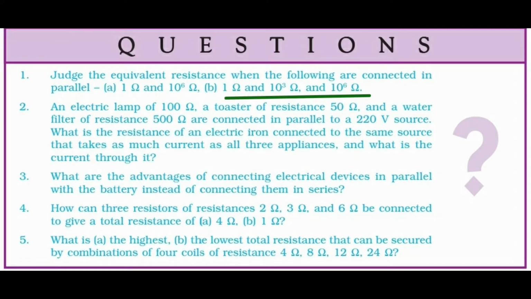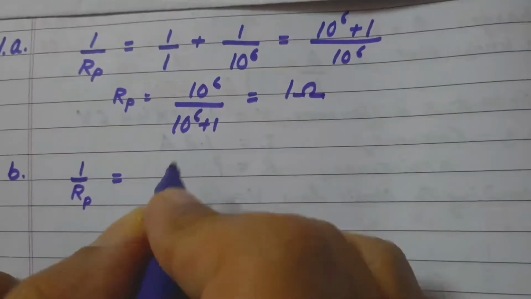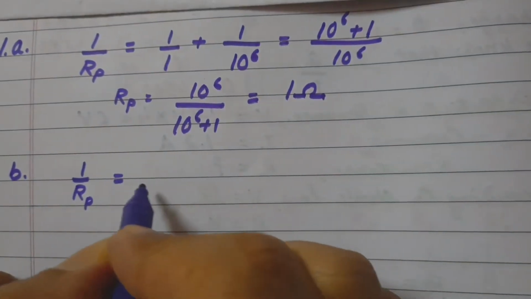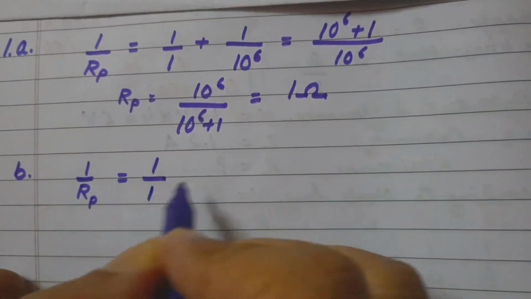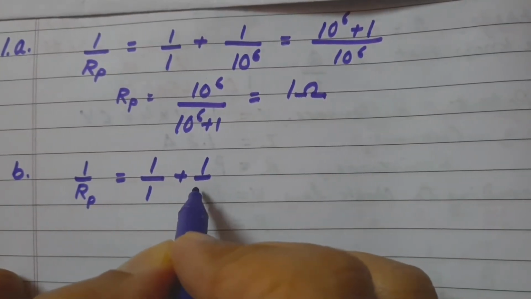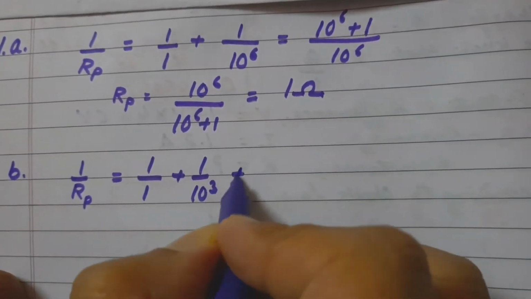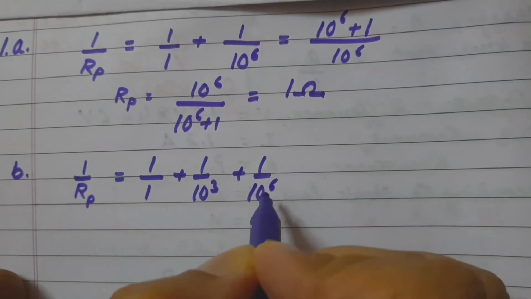B part, now we have to calculate Rp for 3 resistors, 1 ohm, 10 raised to power 3 ohm and 10 raised to power 6 ohm. All these resistors are connected in parallel. Now in the B part, Rp can be calculated as 1 upon 1 plus 1 upon 10 raised to power 3 plus 1 upon 10 raised to power 6.